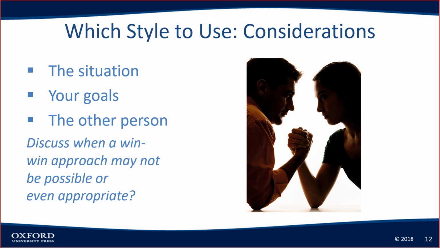There are 5 styles that we fall into, but which style should we use? Remember that you're not bound to just one style, but in some situations you may lean towards using compromise more than competition. So keep that in mind.